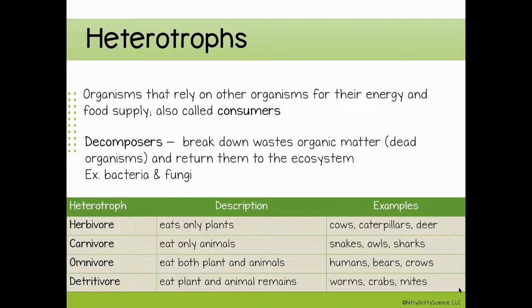Okay, so there's a couple different types of decomposers. The bacteria and fungi go ahead and break them down externally from their body. The detritivores have to actually consume the dead plant and animal remains and return those to the earth. Those include our earthworms, crabs, mites, that sort of thing.